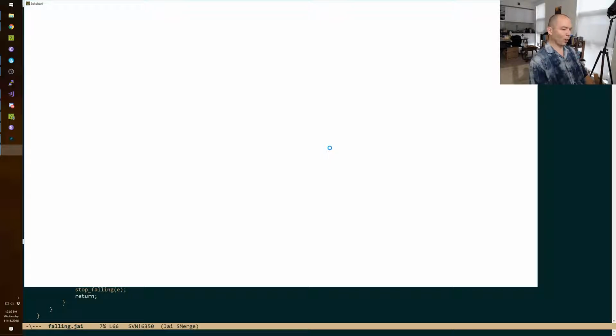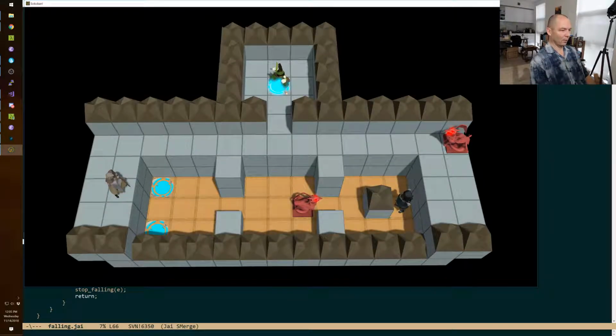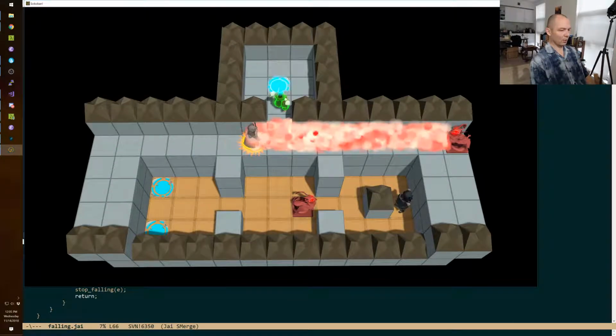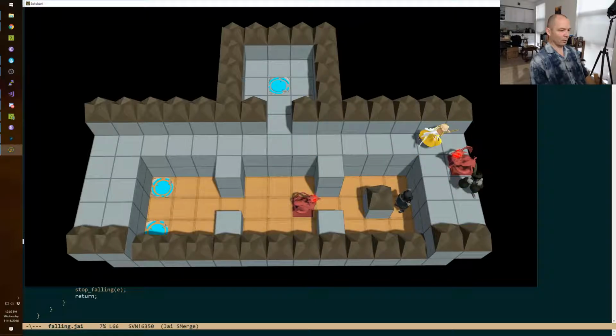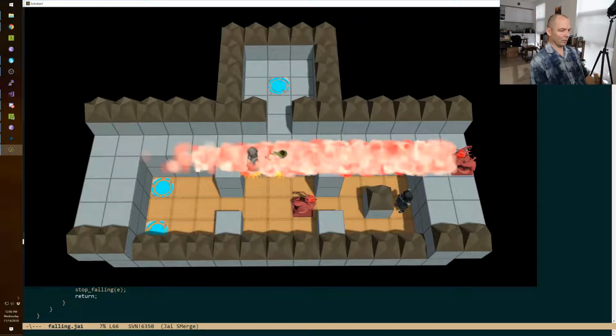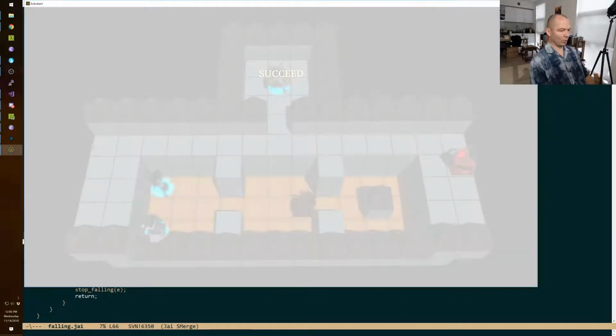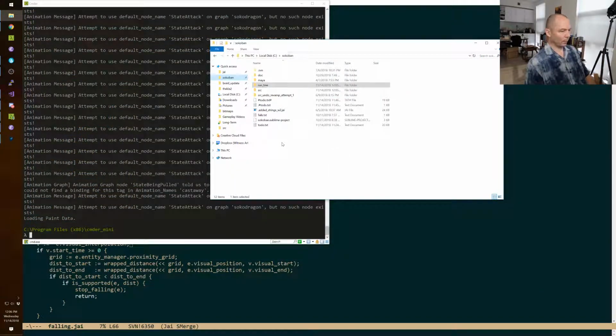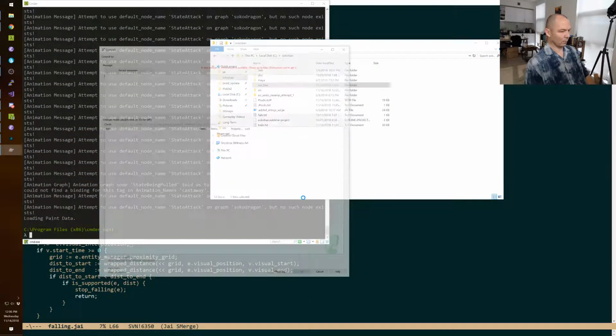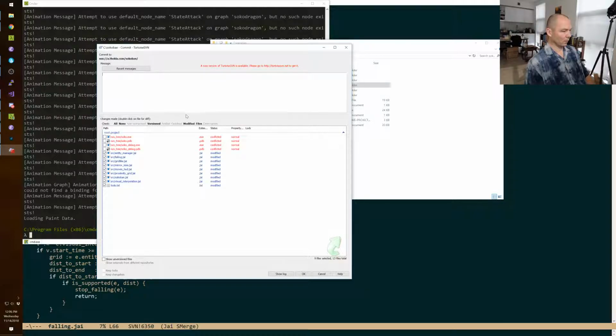Oh God, we're processing new assets. This level has falling. All right, great. Great. It works. Ship it. Boom.